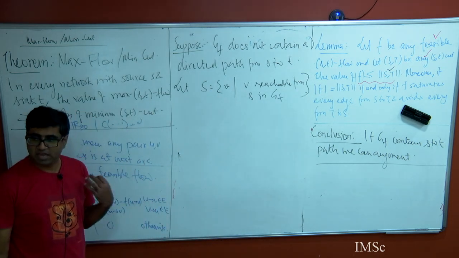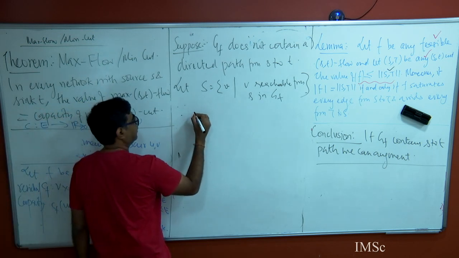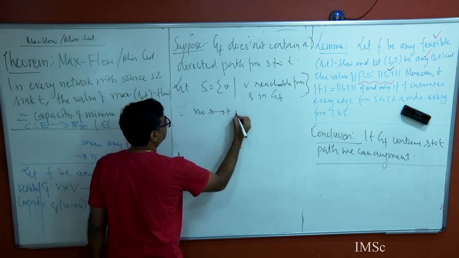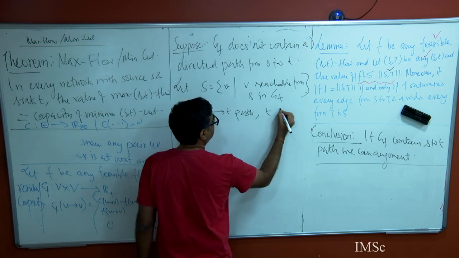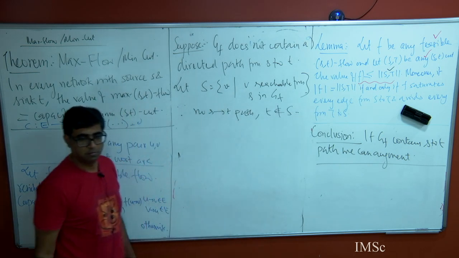And since there is no S to T path, what does it imply? T is not in S, because otherwise you would have this path.